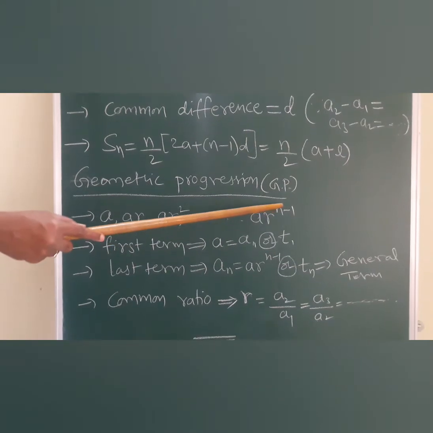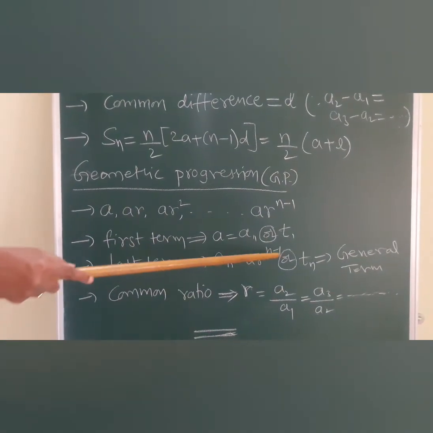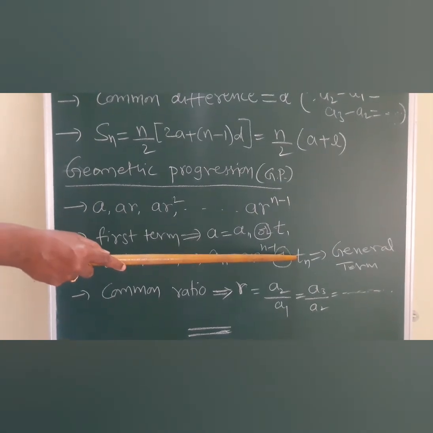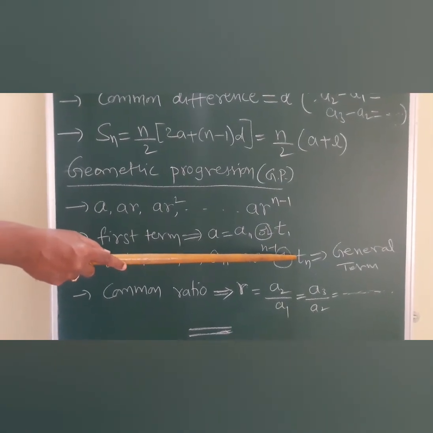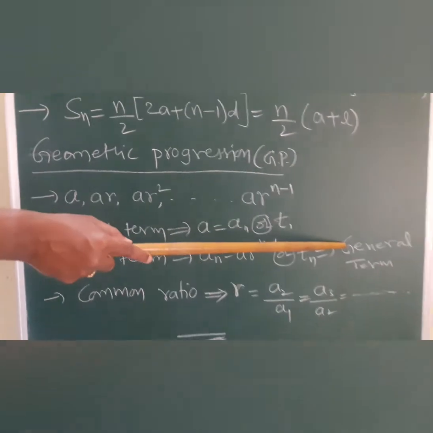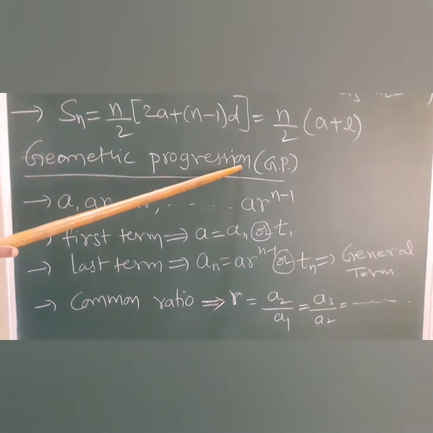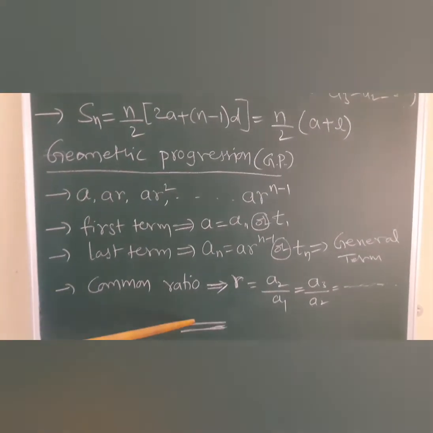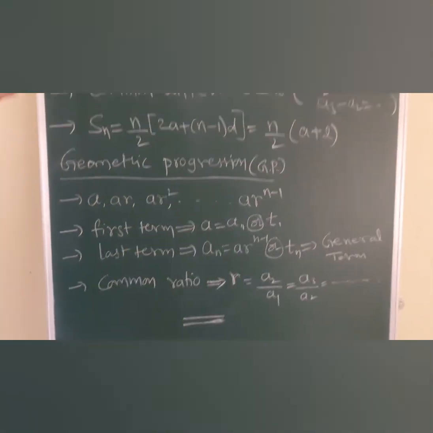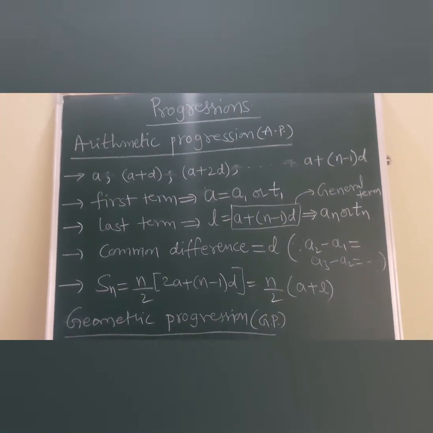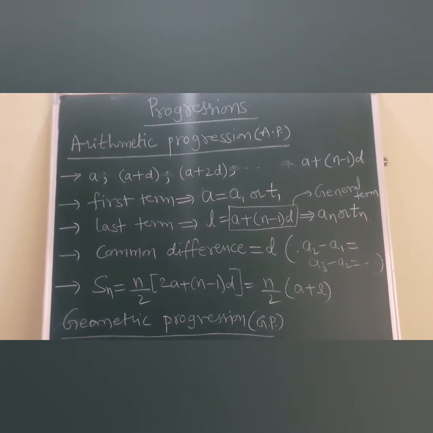It is also denoted by tn, the nth term, and it is called the general term of geometric progression. So these are the important points from progressions. Now let us discuss previous problems.